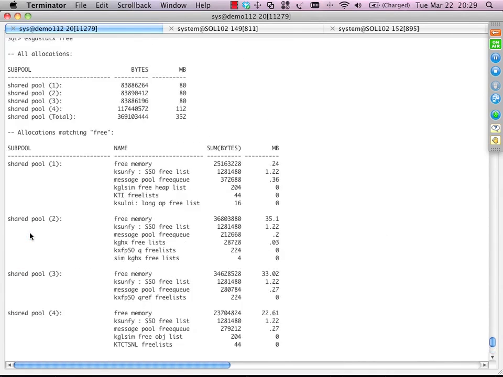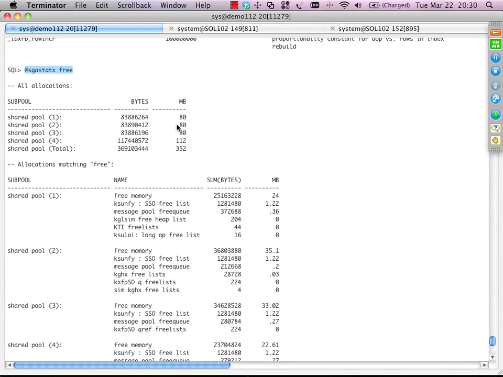Then you would need to go to the SGA stat X script, and first of all check whether all the subpools are roughly the same size. If they are not, then unfortunately there is nothing you can do other than dynamically increasing the shared pool, because it doesn't ever release this memory back on its own.